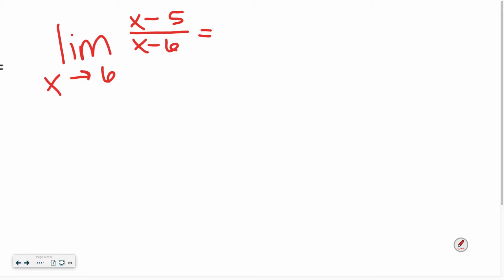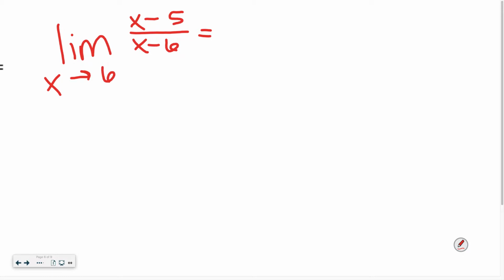Now, speaking of Unit 1, let's talk about this limit right here. When we use direct substitution, what do we get? 1 over 0. Is that indeterminate? No. Let's remember what is happening at x equals 6. It's an asymptote, so we would have to look at the right-hand limit and the left-hand limit.